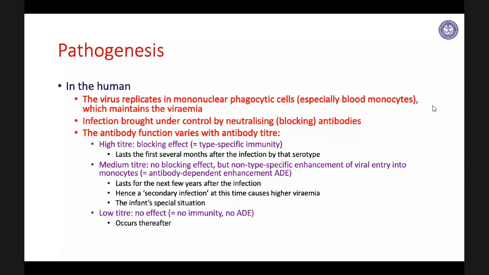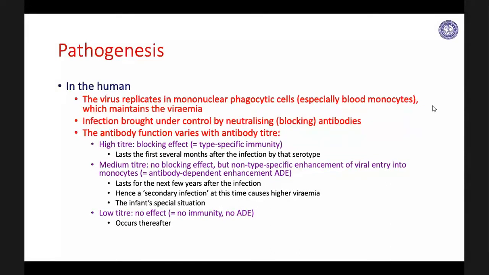And if the baby gets infected by a different serotype during the first few months of infancy, then also in the infant, this antibody-dependent enhancement, or ADE, will take place, giving rise to a higher viremia. And it is this higher viremia that gives rise to what's called dengue hemorrhagic fever, dengue shock syndrome, and so on.